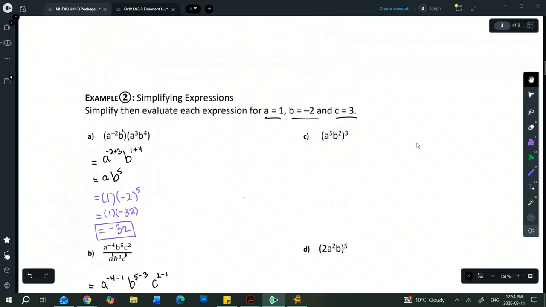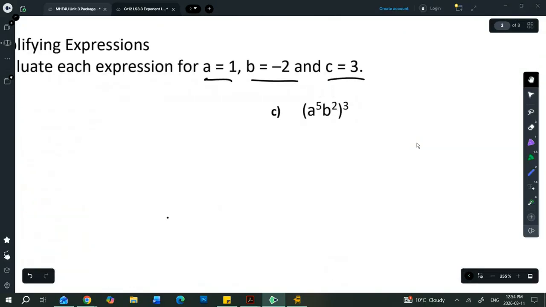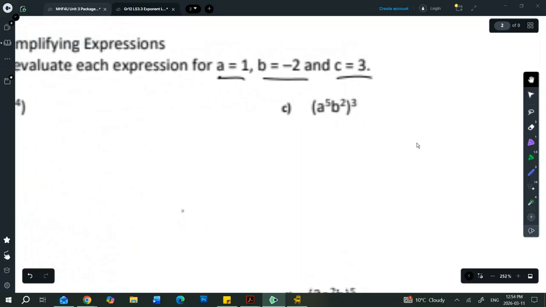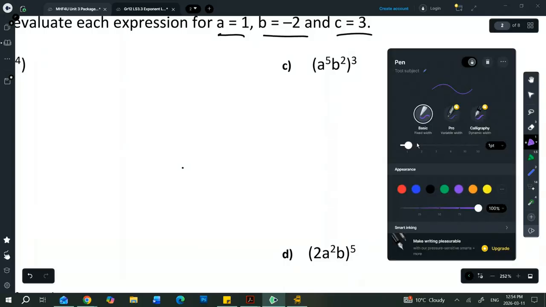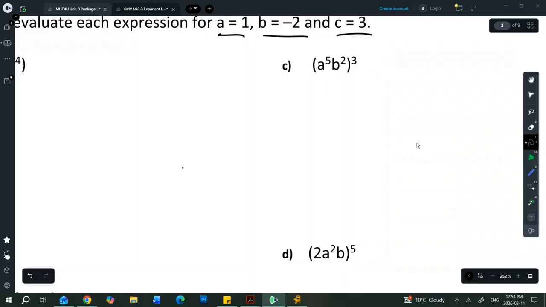Okay, so you have two values inside the bracket now, and they're being cubed, and so it's essentially like exponents to an exponent, or power of a power. So what are the rules? Which one should we use?